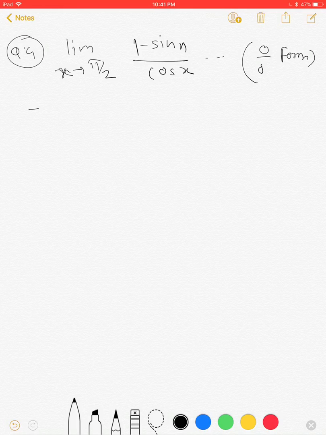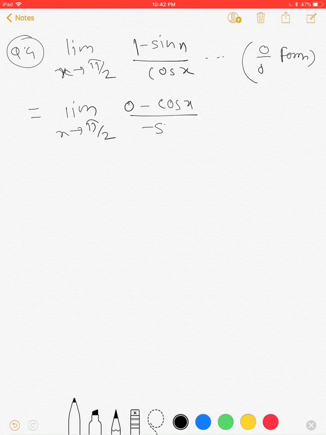So by using L'Hopital's rule, differentiate numerator and denominator. This becomes limit x tending to pi by 2 of minus, the derivative of 1 is 0, the derivative of minus sine x is minus cos x, and the derivative of cos x is minus sine x. So if we substitute x is equal to pi by 2, the minus minus get cancelled.